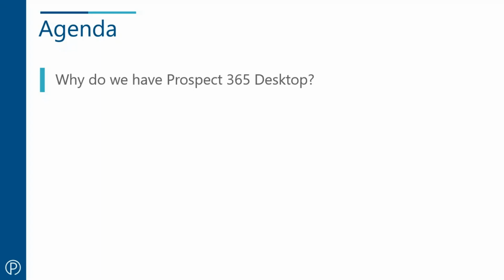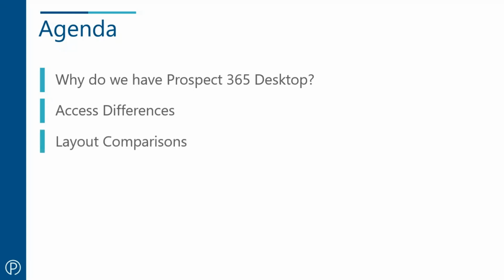So I just want to run through a quick agenda. The first thing I want to cover is why we have the Prospect 365 desktop app. What was it for? Why did we build it in the first place? And then I want to run through some of the access differences, so the ways in which you log into the browser-based CRM and then the desktop app, and the differences there.